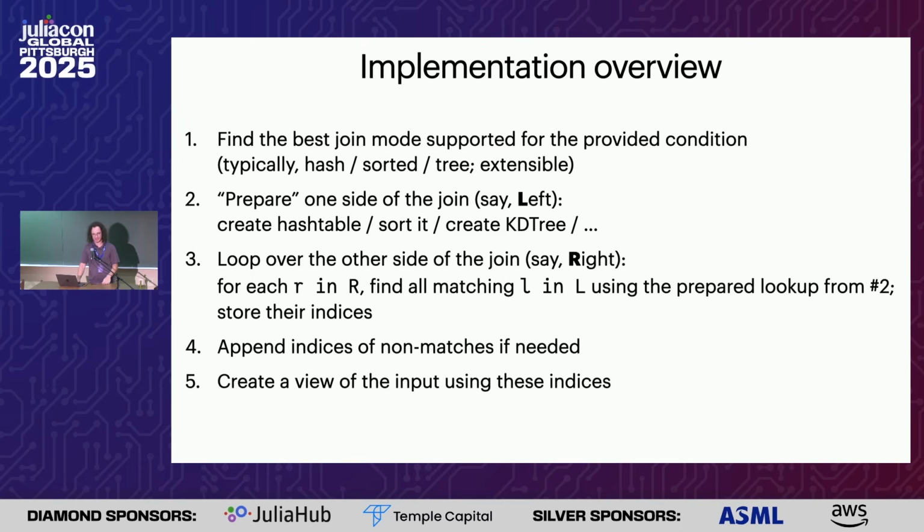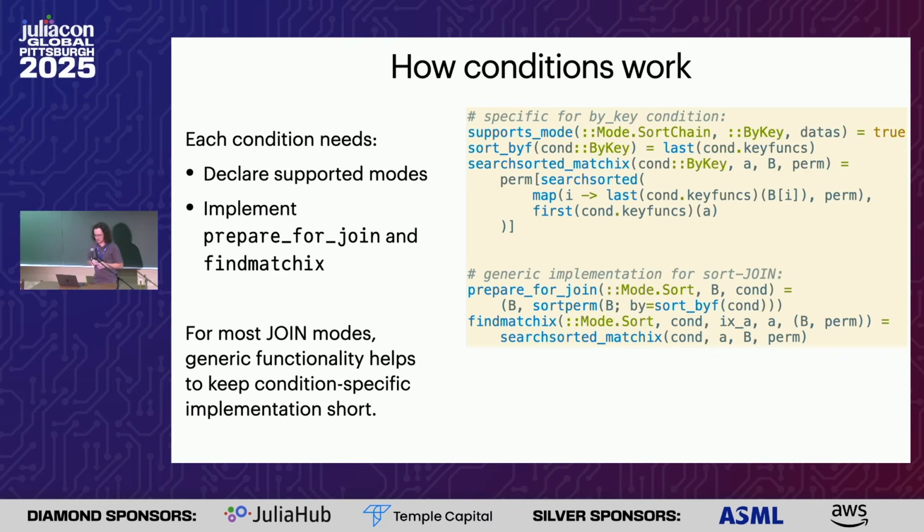Maybe not the most interesting thing in general, but the most interesting for those who want to add more join conditions or learn how they work: in the very base case, for each condition, you need to specify what modes it supports, like hash join, and implement a function to prepare one side of the join and optimize it in some way for lookup, and a function to find matches in that prepared lookup.